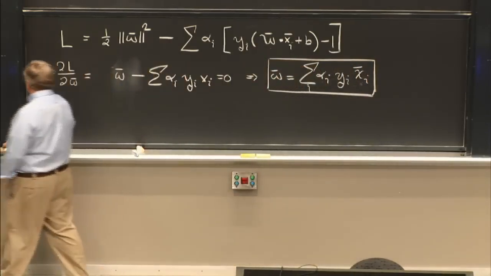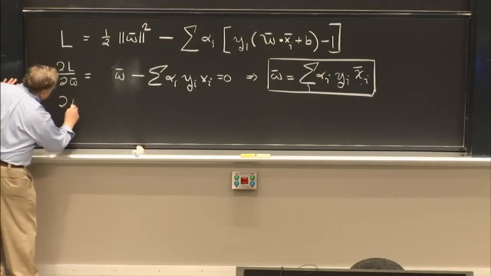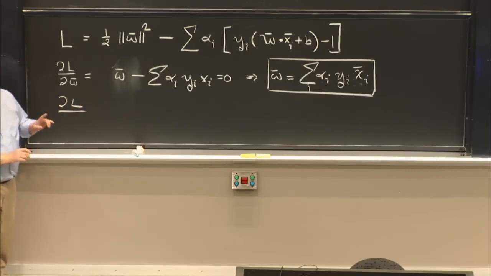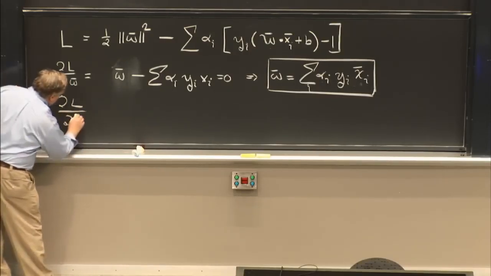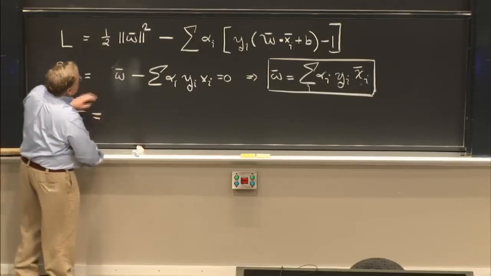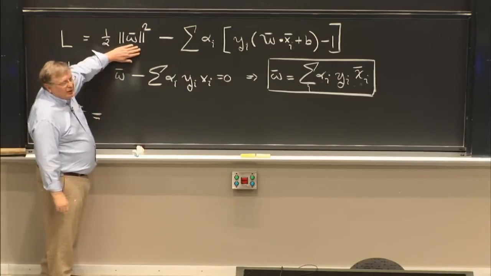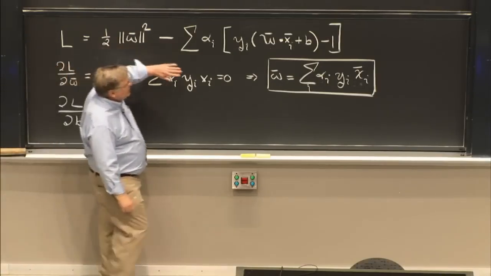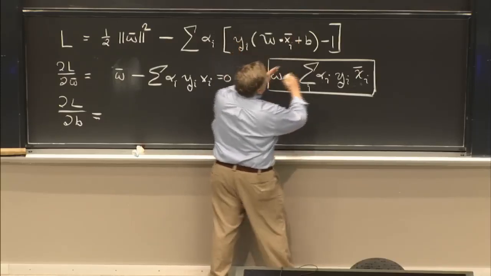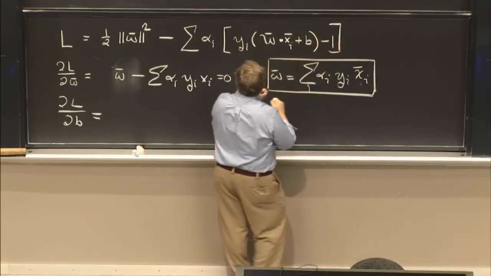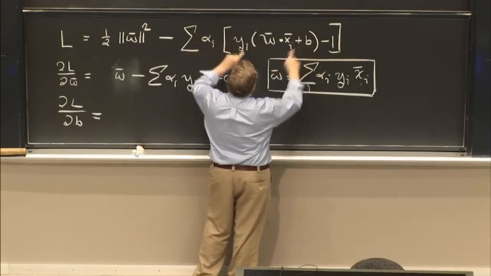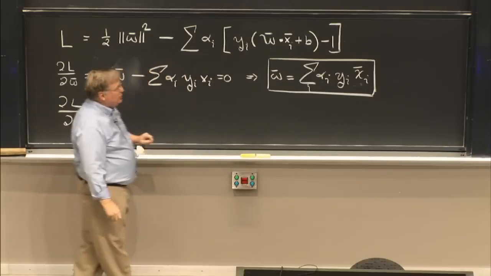Now, of course, we've got to differentiate L with respect to anything else that might vary. So we've got to differentiate L with respect to B as well. So what's that going to be equal to? Well, there's no B in here, so that makes no contribution. This part here doesn't have a B in it, so that makes no contribution. There's no B over here, so that makes no contribution. So we got alpha I times Y sub I times B. That has a contribution.